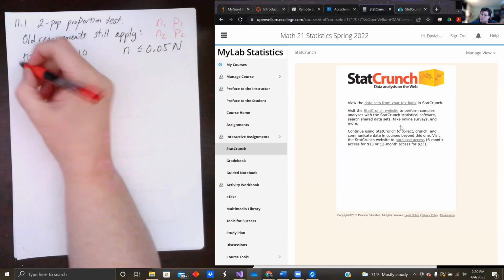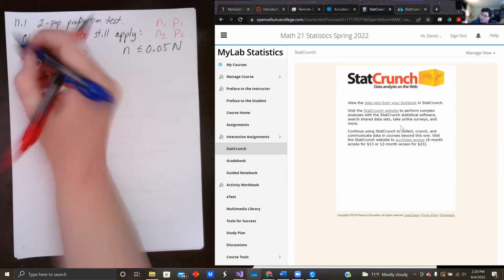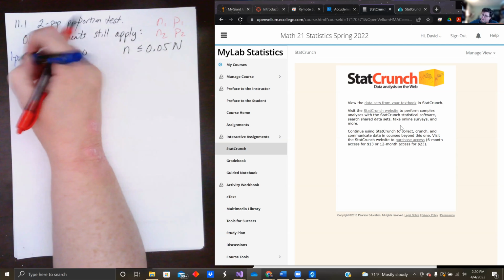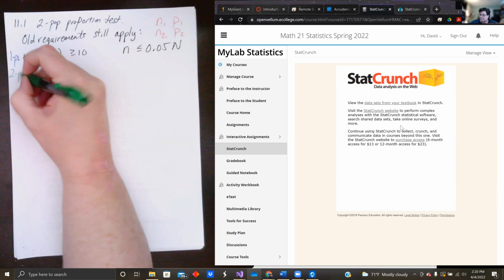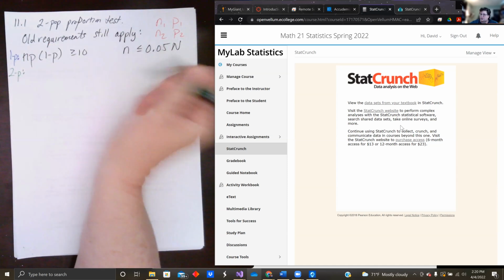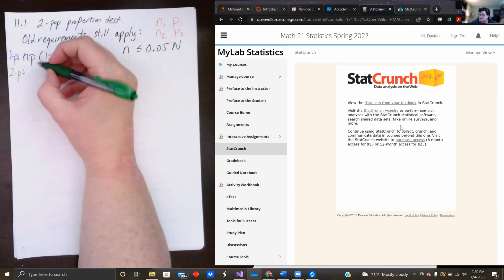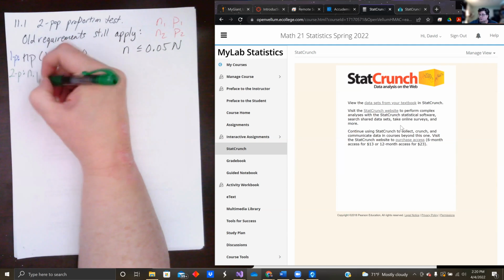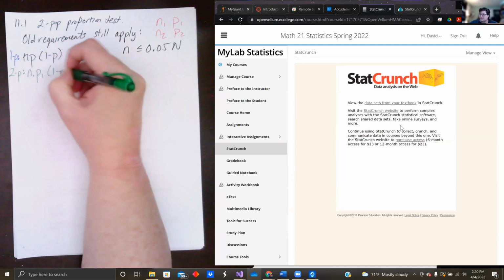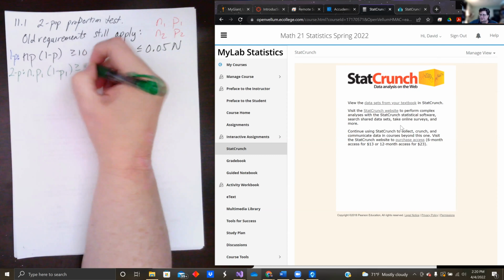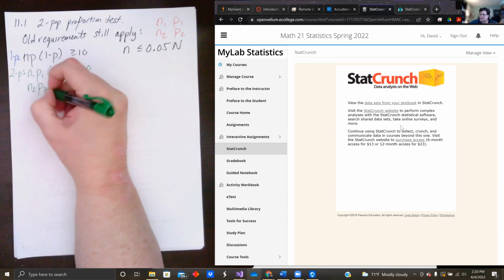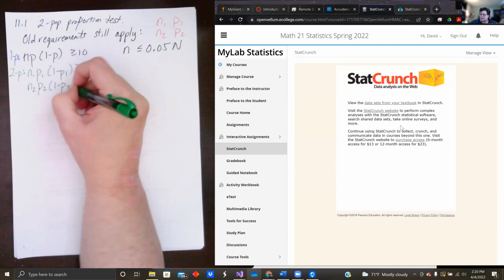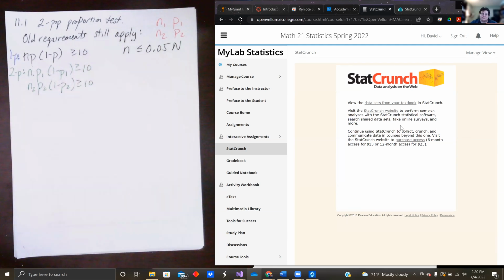This was our one proportion test. When we look at our two proportion test, it's the same thing, but we've got double the equations, because now we've got two n's and p's. So n1 times p1 times 1 minus p1 needs to be greater than or equal to 10, and n2 times p2 times 1 minus p2 has to be greater than or equal to 10.